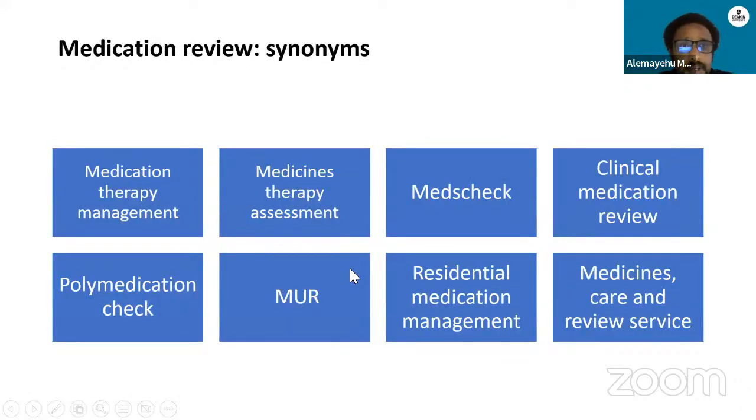Oh, sorry. Still, medication review has a number of synonyms. Different synonym words are there for medication review. Some people use medication therapy management. Actually, it also depends from country to country. For example, MedCheck, it's the Australian name.